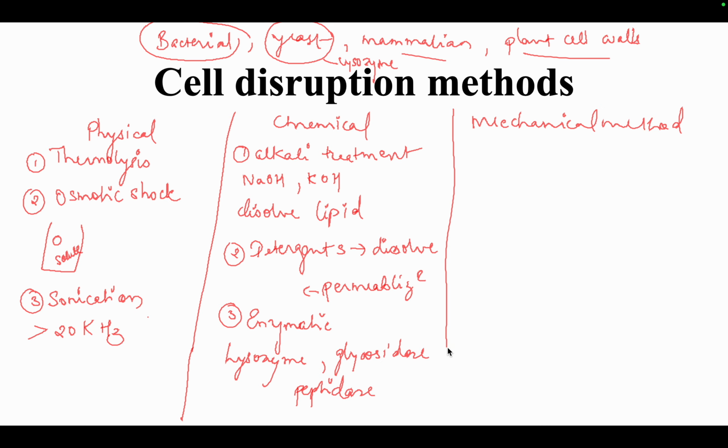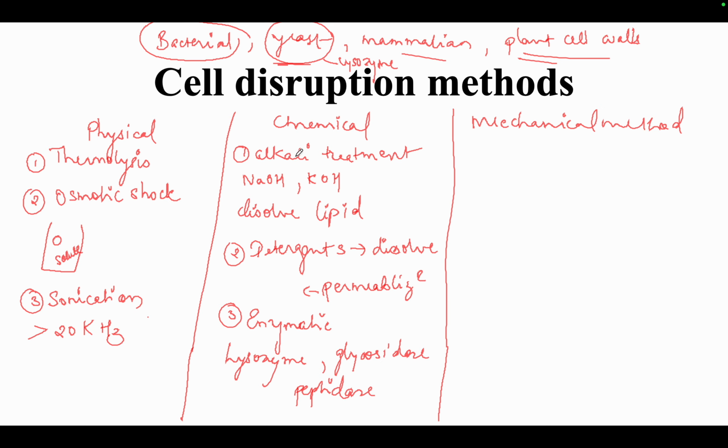Enzymatic methods are very efficient and very much suited for cells which have a cell wall, just like yeast and plant cells. They have a very strong cell wall composition.